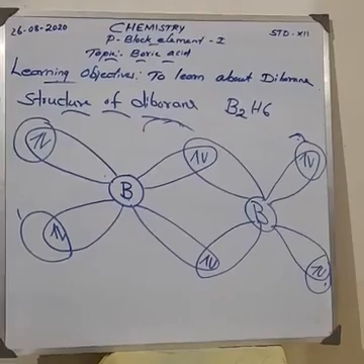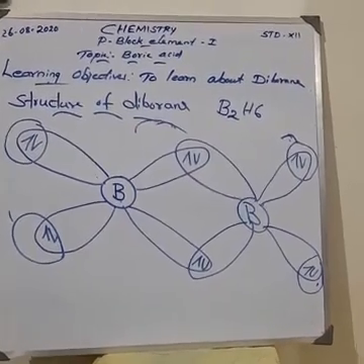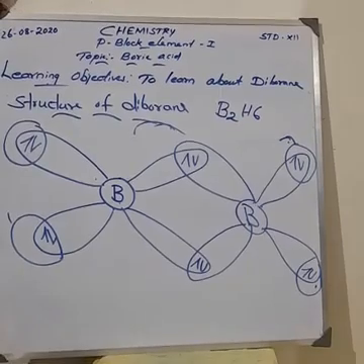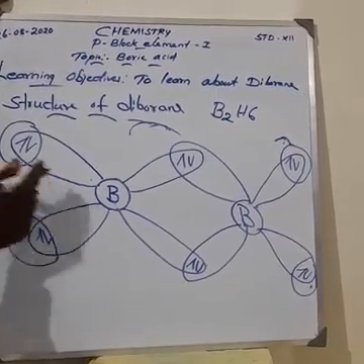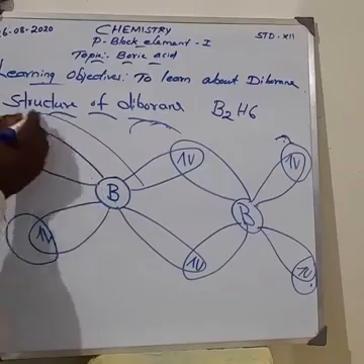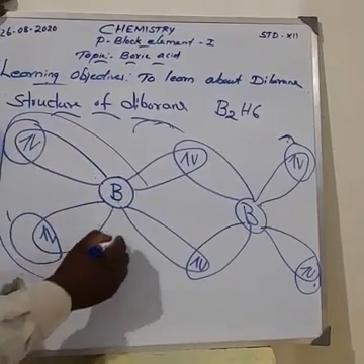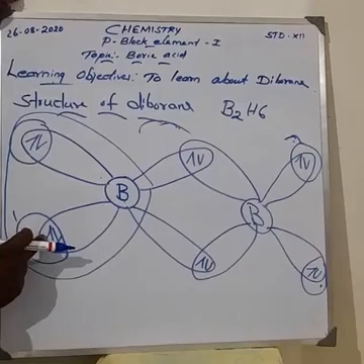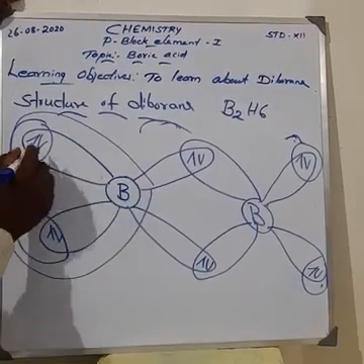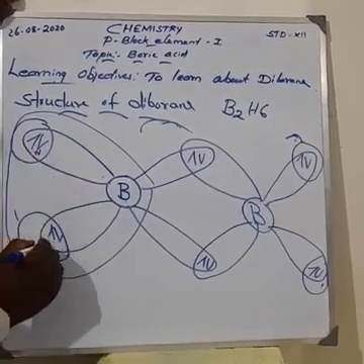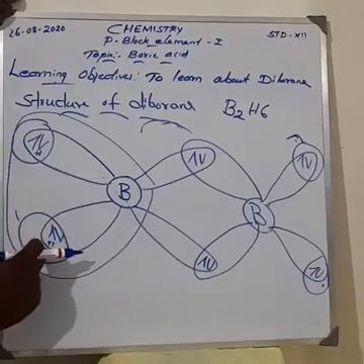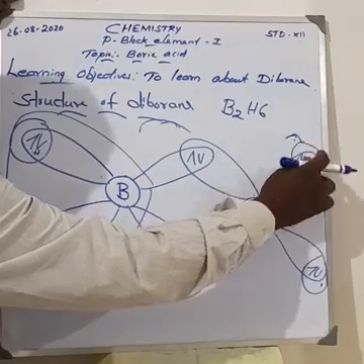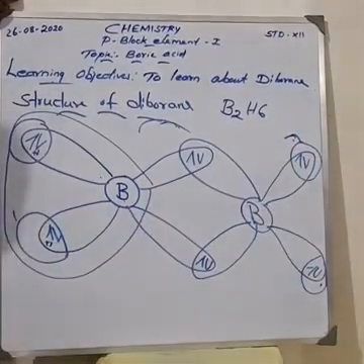In diborane, 2 BH2 units are linked by 2 bridged hydrogens. This is one of the BH2 units, and this is another BH2 unit.